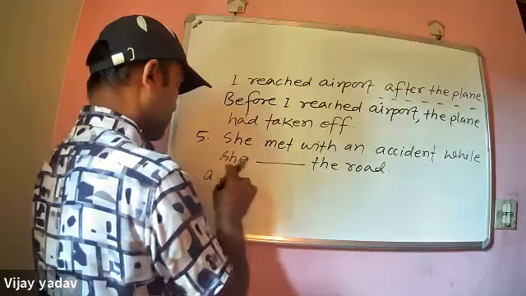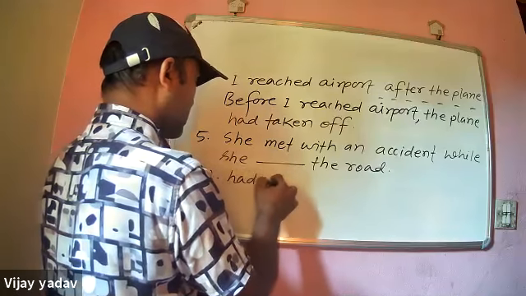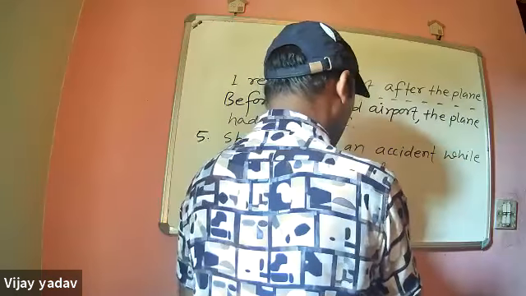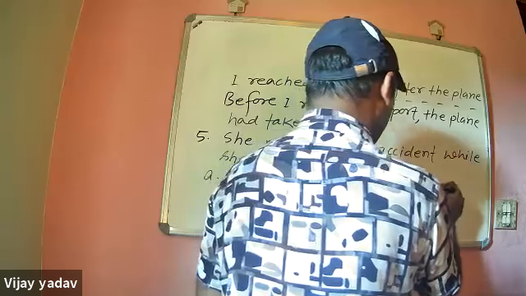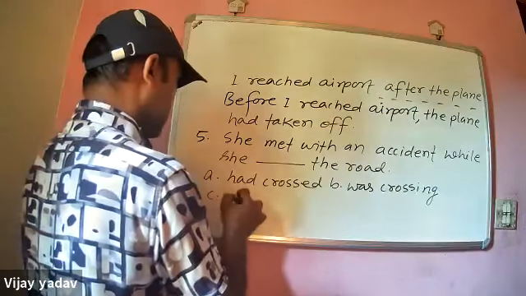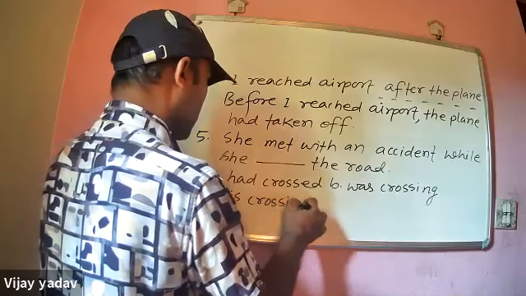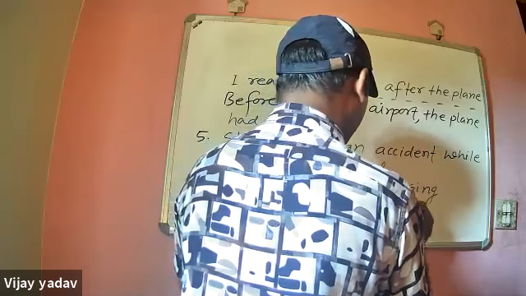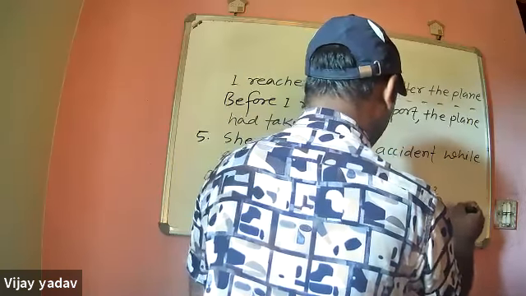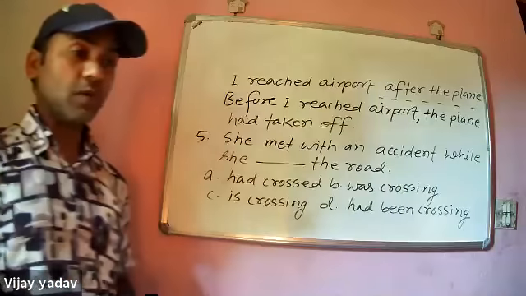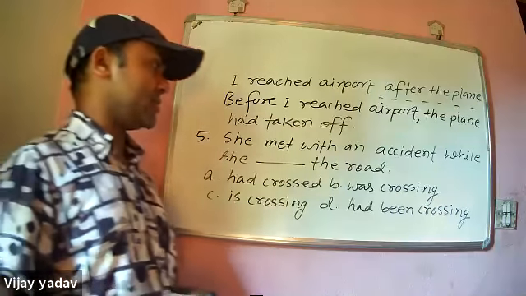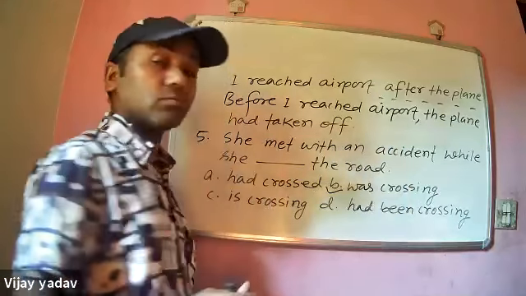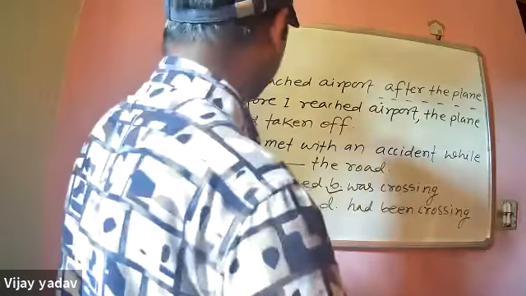Option A had crossed, B was crossing, C is crossing, D had been crossing. Okay. Which option is correct? She met with an accident while she was crossing the road. Correct.